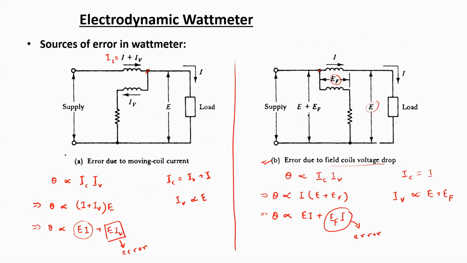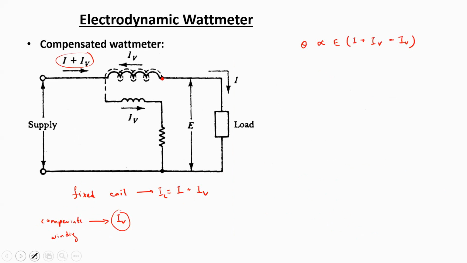Previously, for this sort of connection, theta was proportional to E multiplied by I plus IV. Now as the compensation winding is producing some opposing magnetic field proportional to IV, that expression can be modified in this manner. So in that way, it can be said that theta would be more or less proportional to E into I in this case.